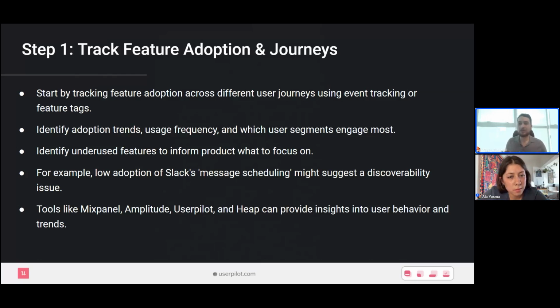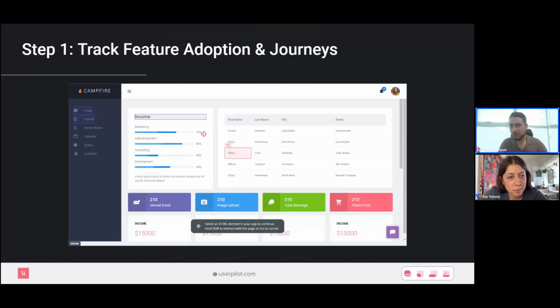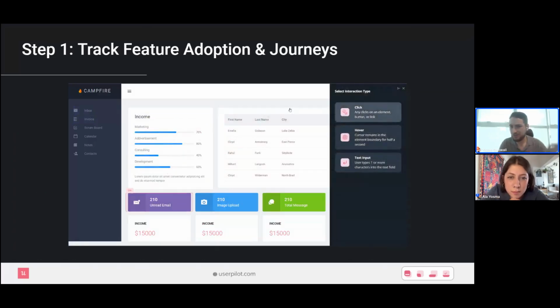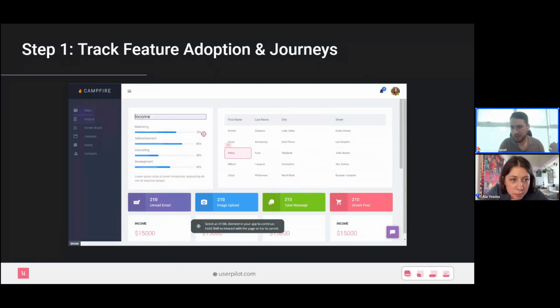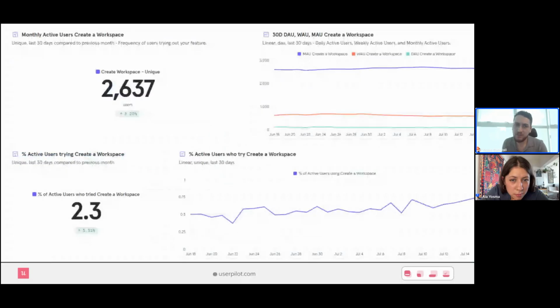Is there a discoverability issue? There are many ways you can actually use this data, right? Again, you can use something very simple like the visual feature tag for this, or you can use track events. There's a bunch of reports that you can run on this.